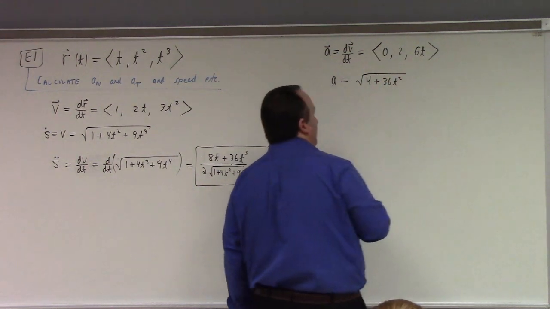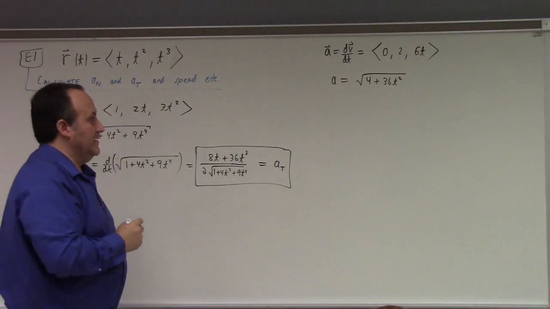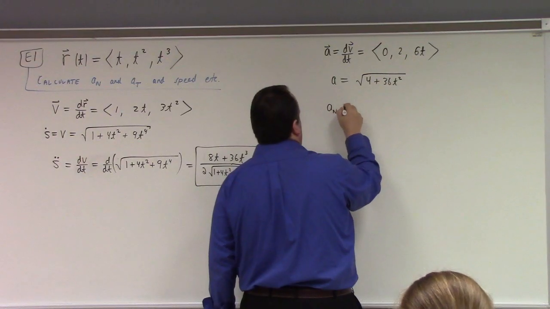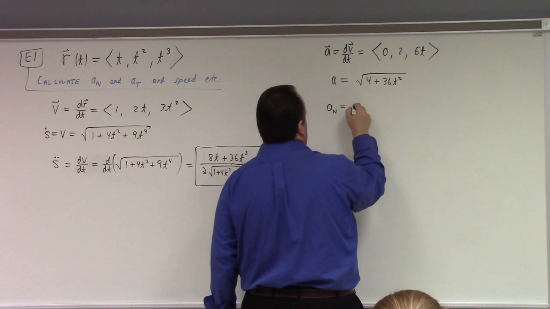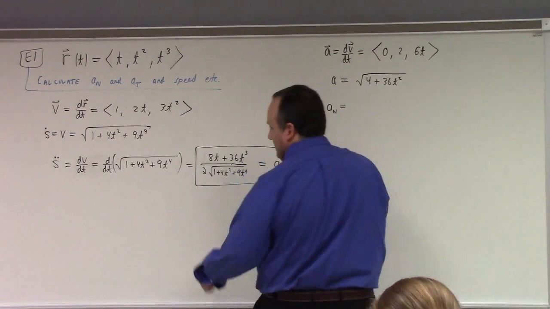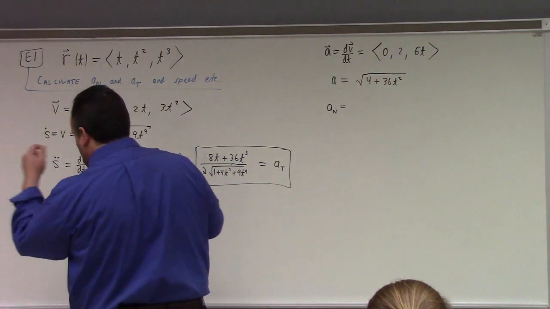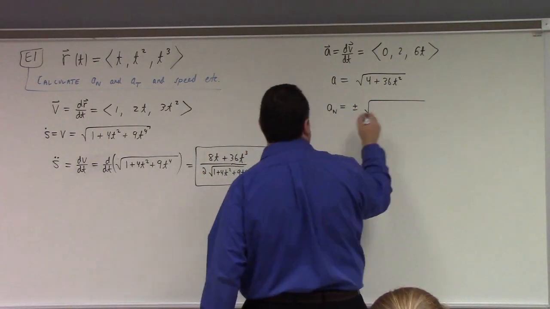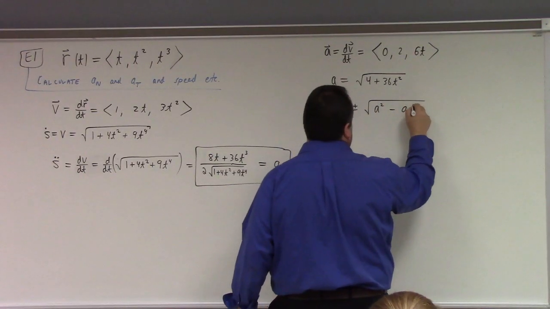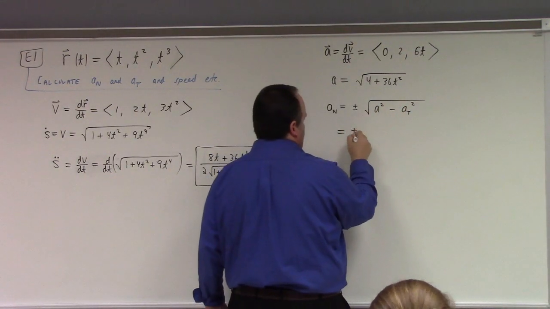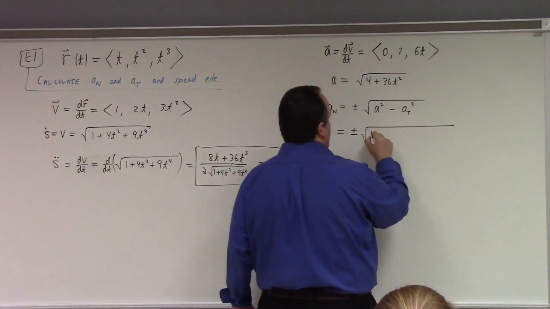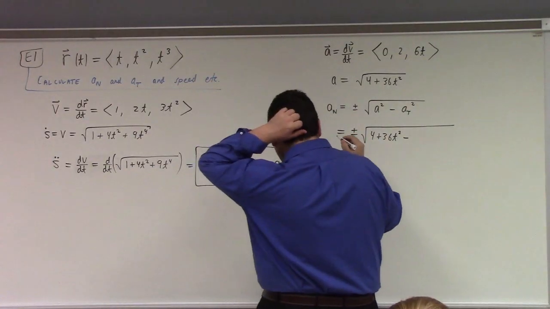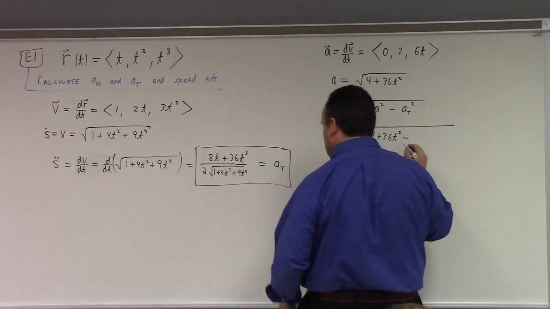And we know that the normal component to the acceleration, you can solve the equation I wrote down over there, it's got to be plus or minus the square root of a squared minus a_t squared. So the normal component of the acceleration is plus or minus the square root of 4 plus 36t squared minus the tangential component to the acceleration squared, yowzers. This business is a little bit unpleasant.